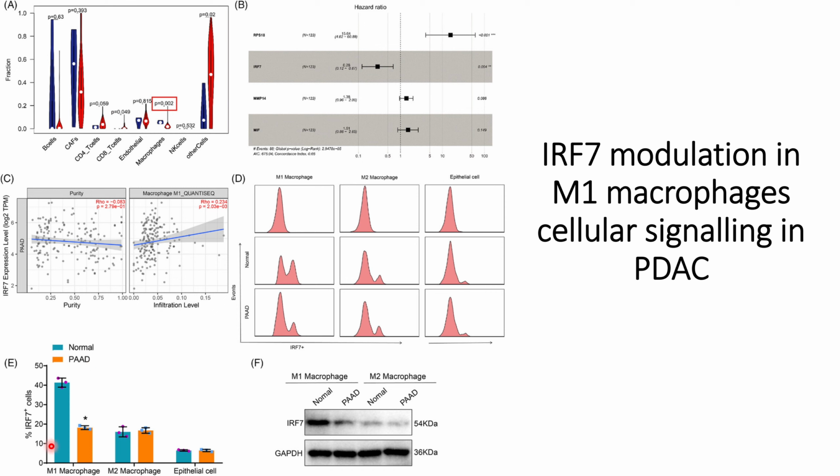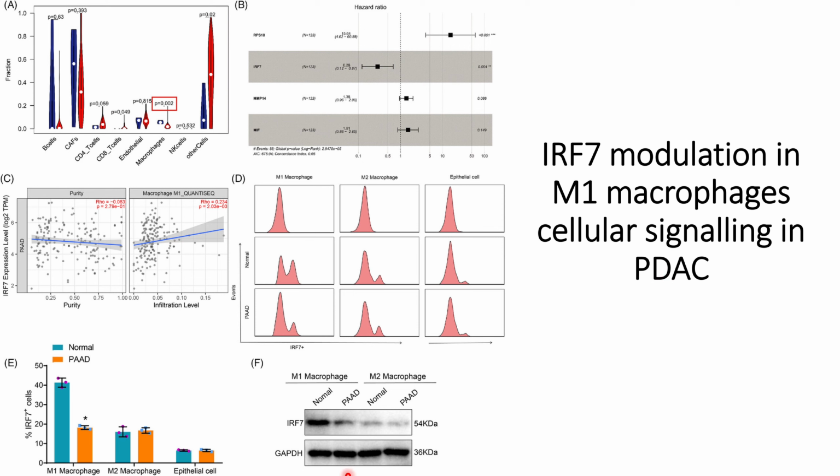In the normal patients that do not have pancreatic tumors, they see a high level of IRF7, whereas in the pancreatic tumor cells the IRF7 levels are down, whereas for the M2 macrophages and epithelial cells no change occurs. This indicates that it's the IRF7 modulation that might be causing the high interactions with the pancreatic tumor cells, and that might lead to the cellular changes in the pancreatic tumor cells.